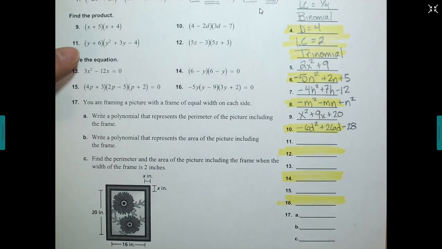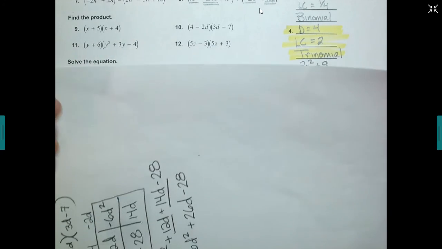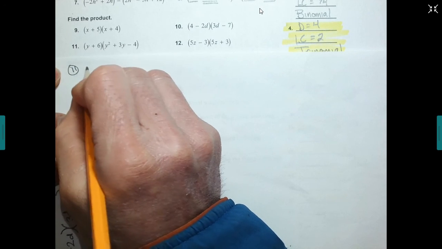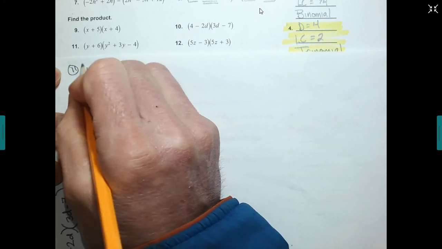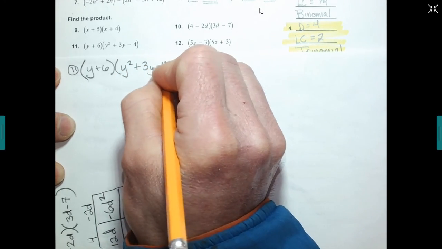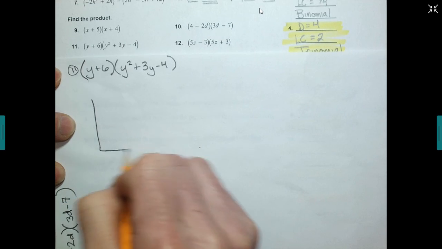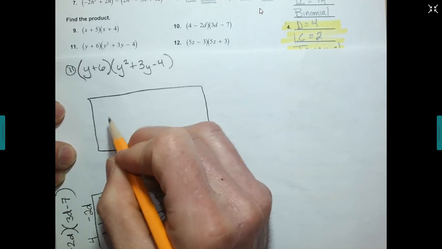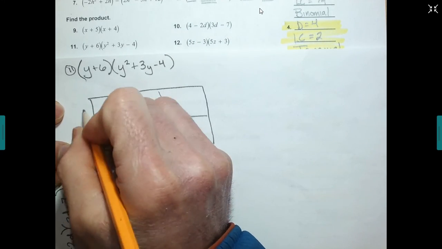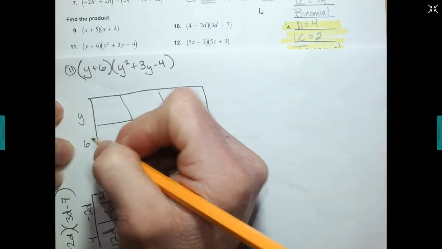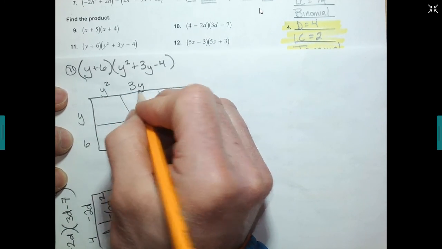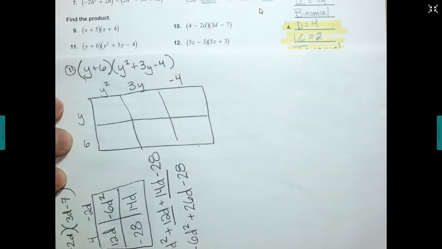All right, moving on to number 11. Okay, we have a longer one. So we have y plus 6. So binomial times a trinomial. So I've got the 2 on this side, so it's y and 6. Got the 3 up here. y squared, 3y, negative 4.